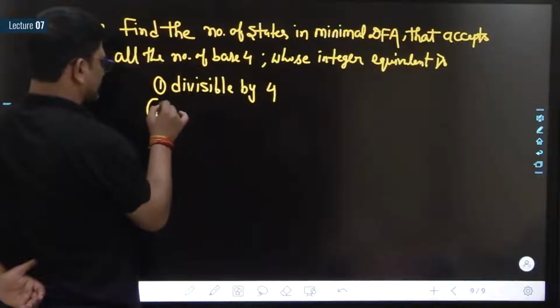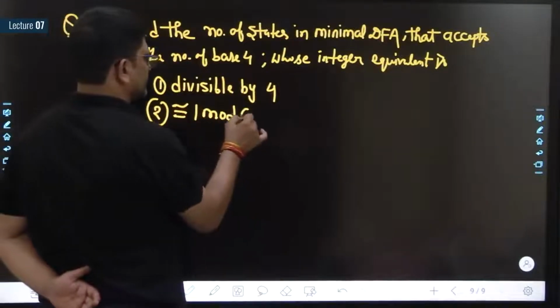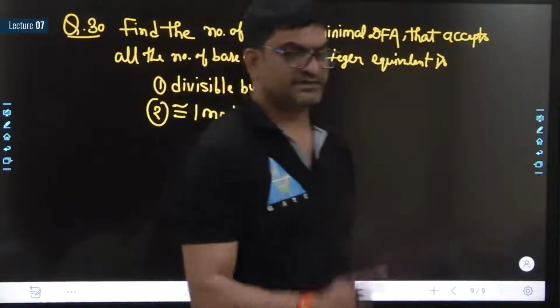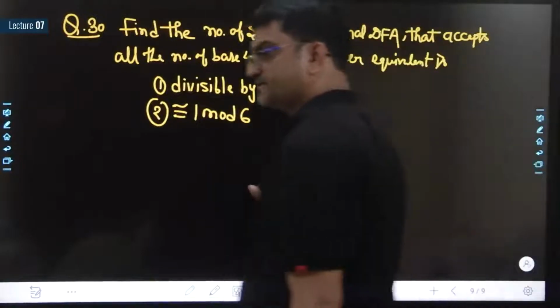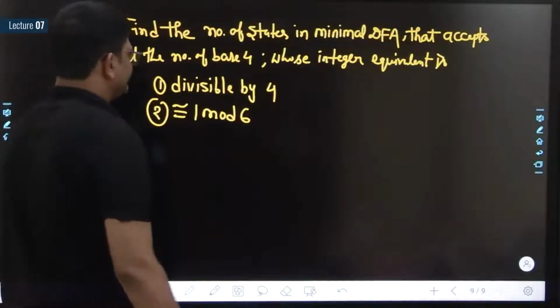Second question, congruent 1 mod 6. When we divide by 6, the remainder is 1. There is no short trick, same as binary strings when we use base 2. First question.